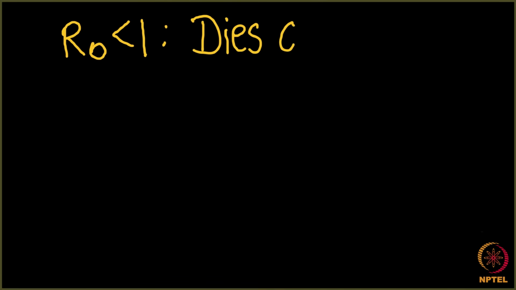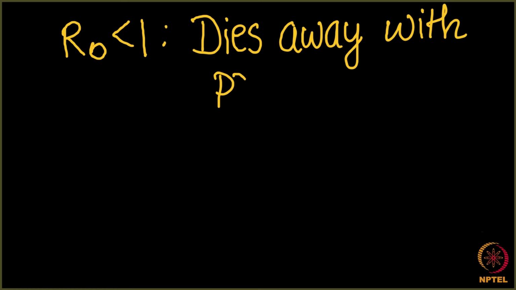So I'll write this statement here for you. If R0 is less than 1, then your disease, your contagion dies away. Certainly dies away with probability equal to 1.